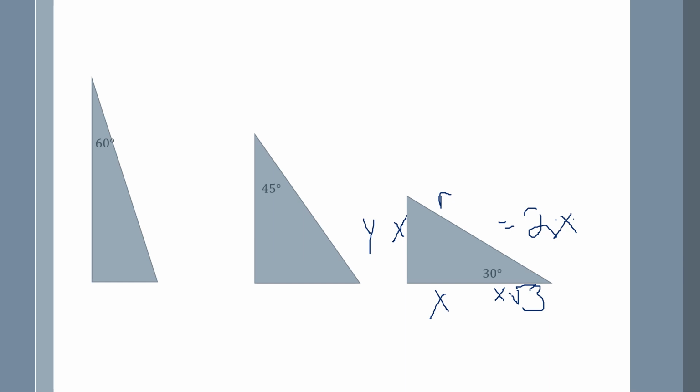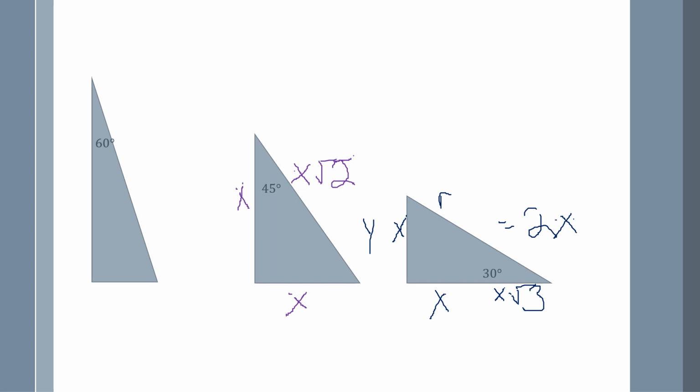But when we come to the 45-degree triangle, the short and the long leg have the same exact measure, and the hypotenuse is the length of either leg times the square root of 2.